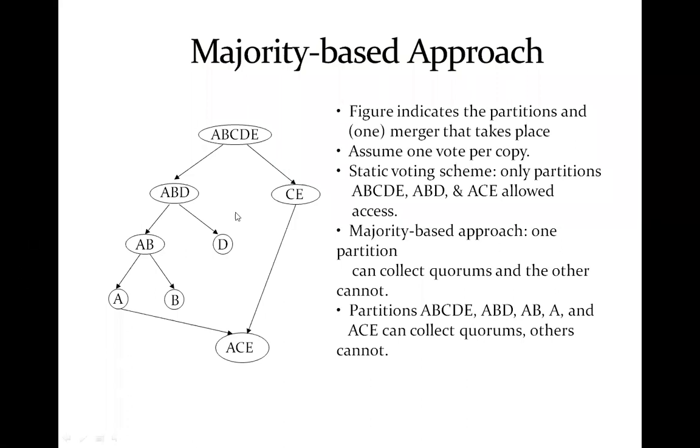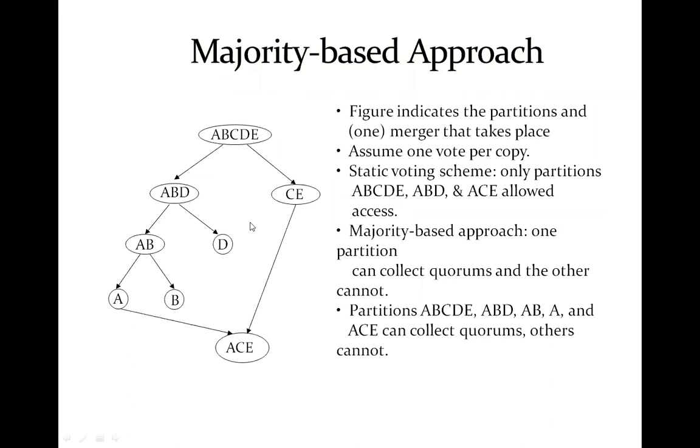So this is a partition graph, in which nodes represent the partitions and edges represent further partitioning of the network, or you can say the recovery also. In case of recovery, 2 or more partitions can be merged into a single partition.